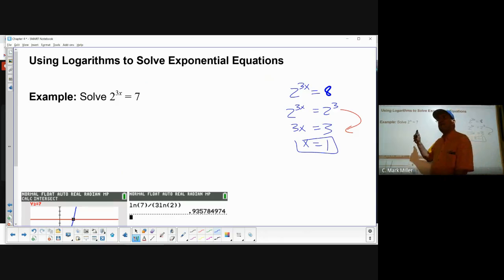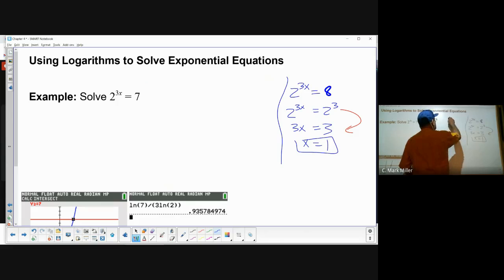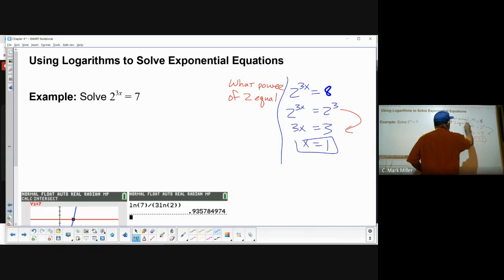Over here, we're going to have to say, what power of 2 equals 7? Question. Answer.